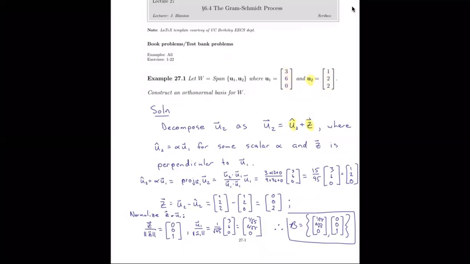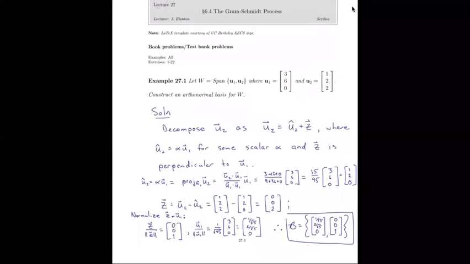The parallel component doesn't give us any new information, so we leave it out of our basis. What we're really looking for is Z in this decomposition, and we'll couple that with our first vector U1, and we'll have an orthogonal basis for this space W spanned by U1 and U2.